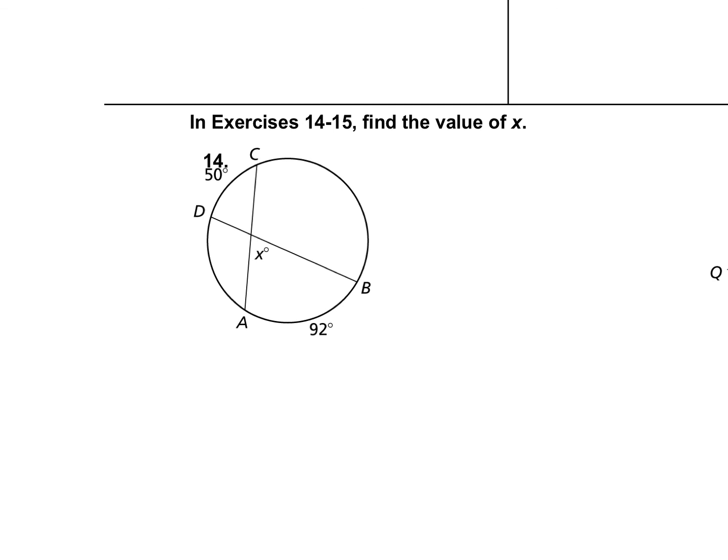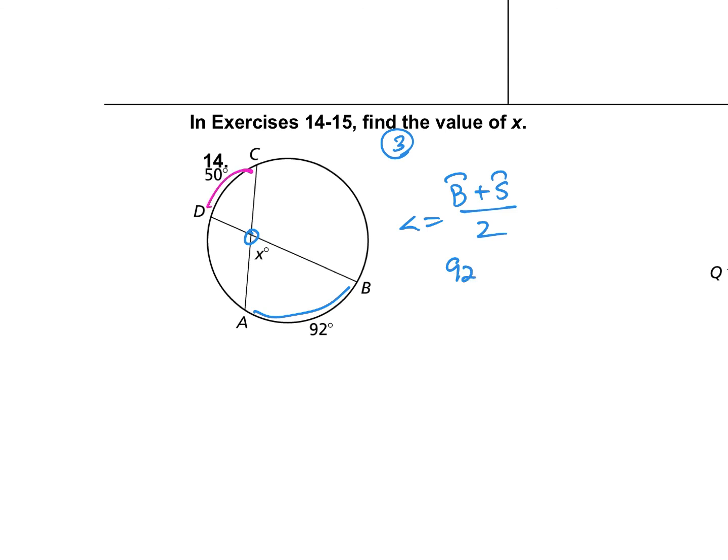All right, so on this one here, we're trying to figure out which of the equations are we going to use. Where is the vertex? The vertex is inside. So we're going to do equation number 3. So equation number 3 is the angle equals the big arc plus the small arc divided by 2. Now, big arc is right here, 92 degrees.